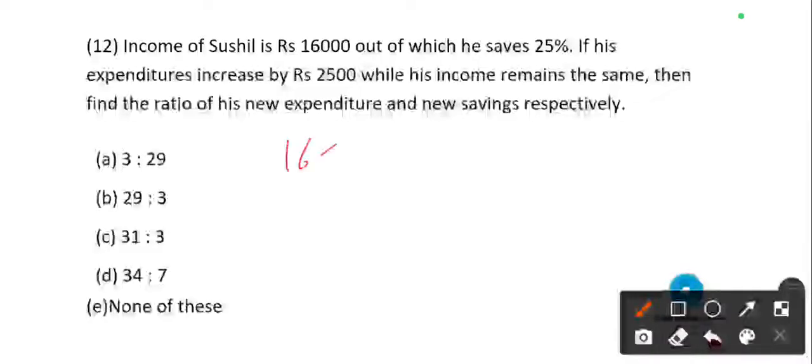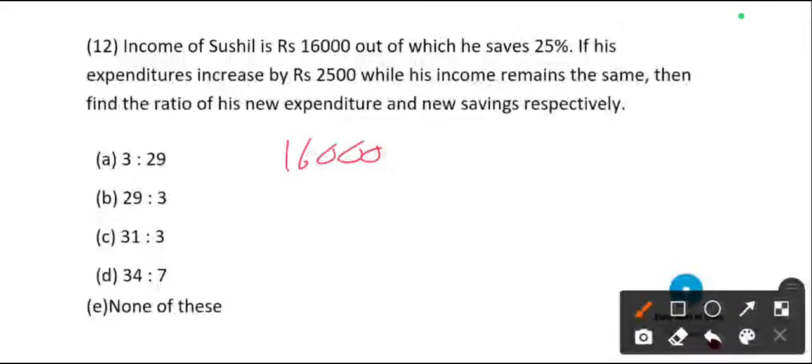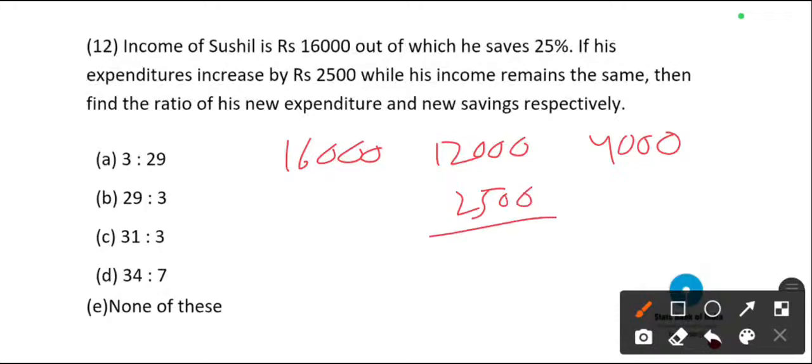So of 16,000, the savings is 25% and the expenditure is 75%, which is 4,000, 3 times, 12,000 is his expenditure and he is left with 4,000 as his savings. Now an extra 2,500 is his expenditure.